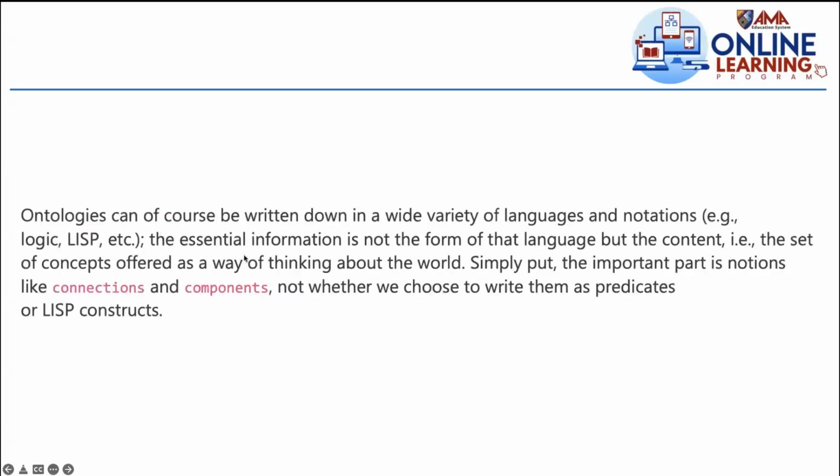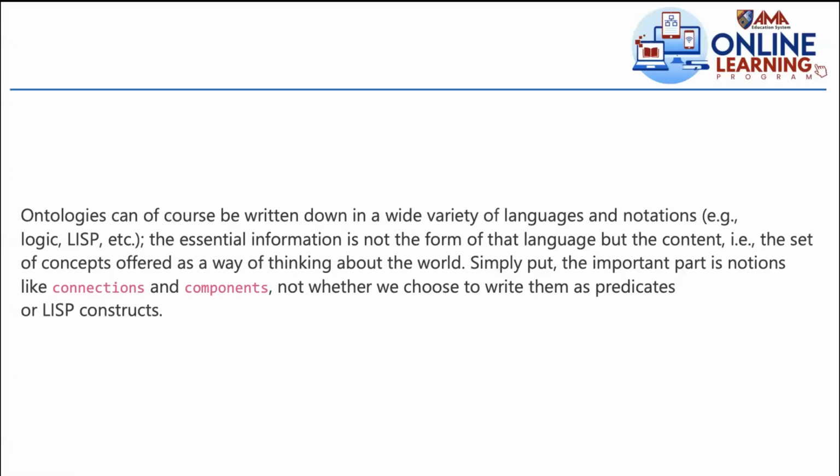So ontologies can of course be written in a wide variety of languages and notations, as I mentioned, programming languages like Lisp. However, the important information is not the form of that language, but the content. That is the set of concepts offered as a way of thinking about the world, wherein the knowledge representation techniques are important in this aspect. So later, as I mentioned, knowing the appropriate language to be used for that particular technique will be another lesson.